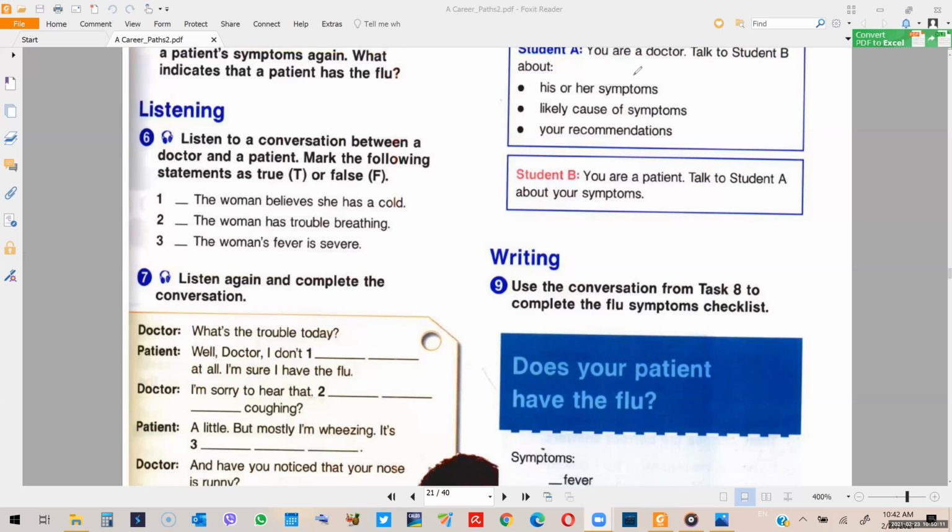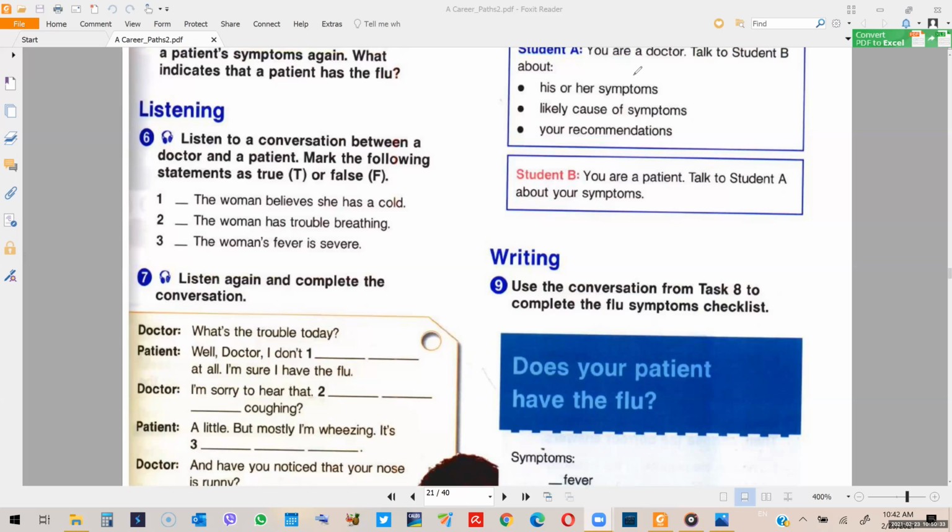Okay, now we have finished this one here. And if you look at the language, we say if you ask a patient about his disease, the patient answers, for example, I think I have a cold. I think I have flu.